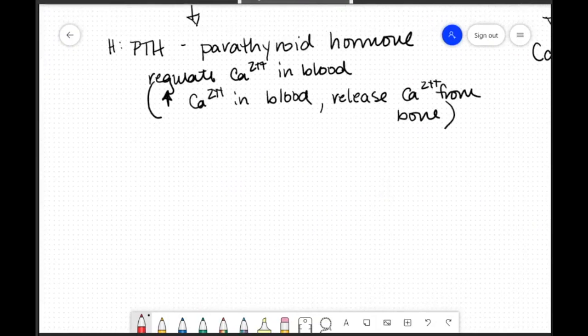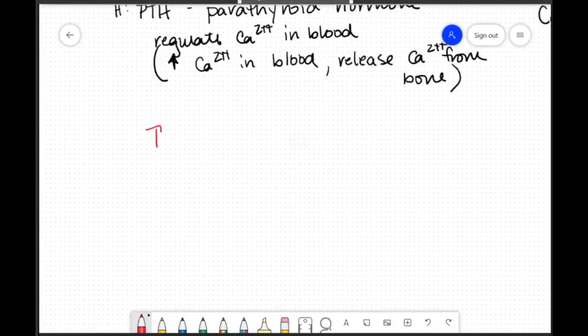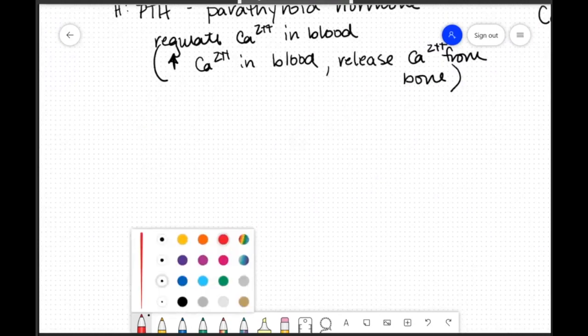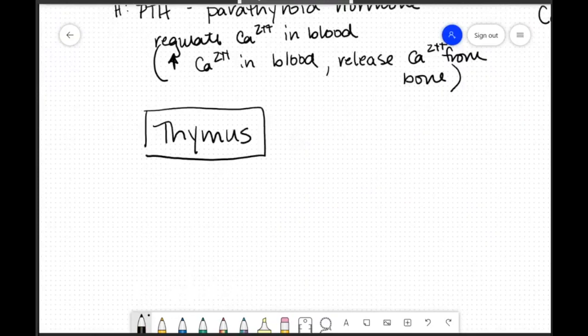Okay, so the next one we're going to talk about is going to be your thymus gland. Your thymus gland, remember, lives and can be found beneath the sternum on top of the heart. So your thymus gland will actually produce 3 hormones. 1, 2, 3.